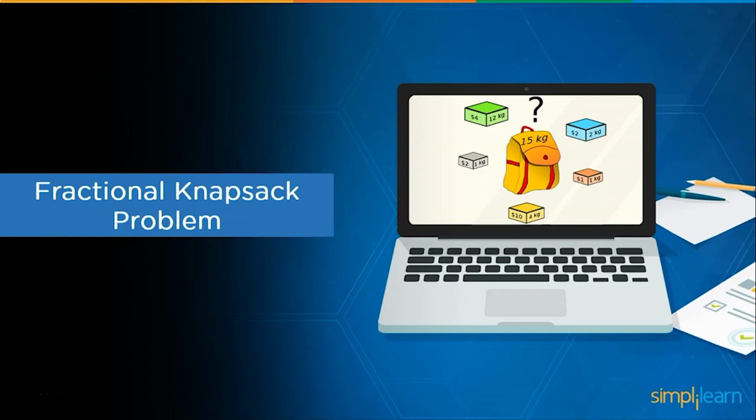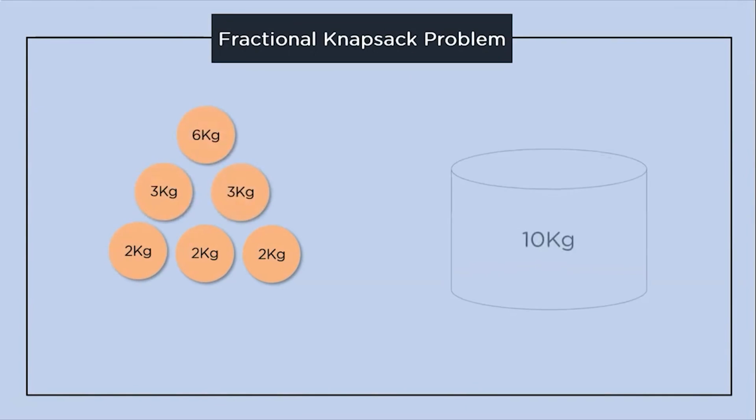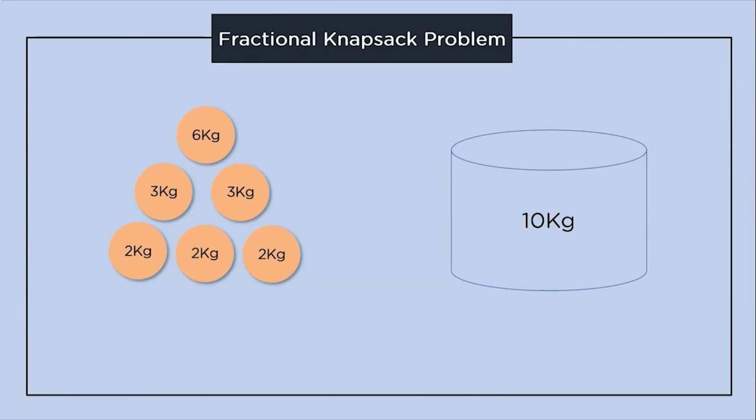We have now discussed 0-1 knapsack problem. Now, let's discuss the fractional knapsack problem. Similar to the 0-1 knapsack problem, we will be given the weights and the value of n items, in this case 6 items on the left. We will also be getting a knapsack with capacity W, or in our case 10 kgs, to the right.